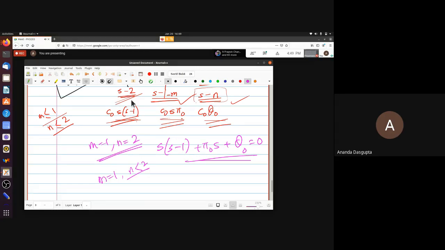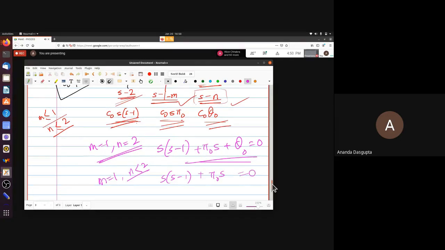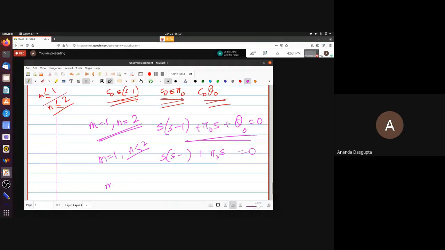Then this will give you z to the s minus 2, this will give you s minus 2, this will give you something higher, not s minus 2. So the indicial equation, which will be given by the coefficient of z to the s minus 2 again, will be s into s minus 1 plus p0 s coming from here equals 0. If m is less than 1 and n is less than 2, then the indicial equation will simply become s into s minus 1 equals 0. Okay?